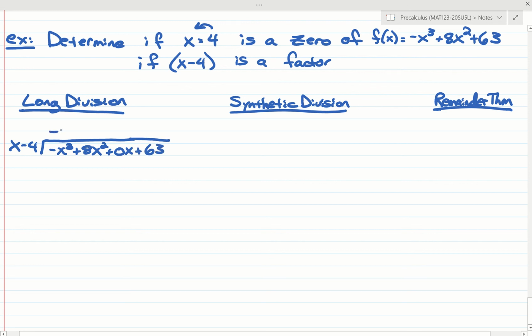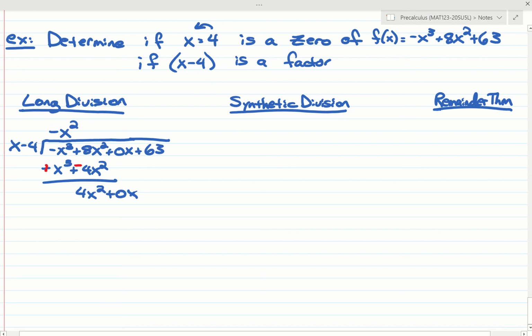So x times negative x squared gives us negative x to the third. If we multiply it back out, we'd get negative x to the third plus 4x squared. But remember, we have to always subtract this. This would be 4x squared plus 0x.